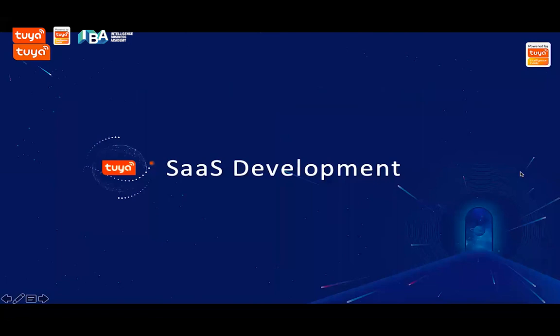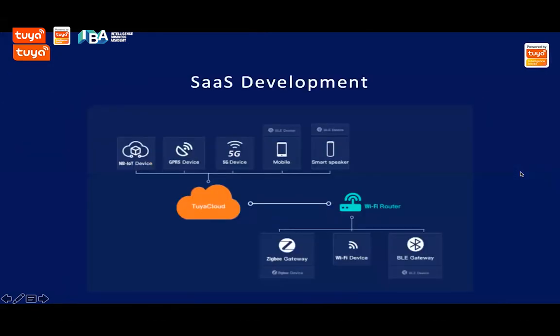Next, I would like to show you something about the SaaS development or cloud development. As I mentioned before that Tuya platform is an open platform. We welcome all the developers to access to our cloud to build your own app, your own SaaS systems. So you can see that we allow different types of devices to access to Tuya Cloud.